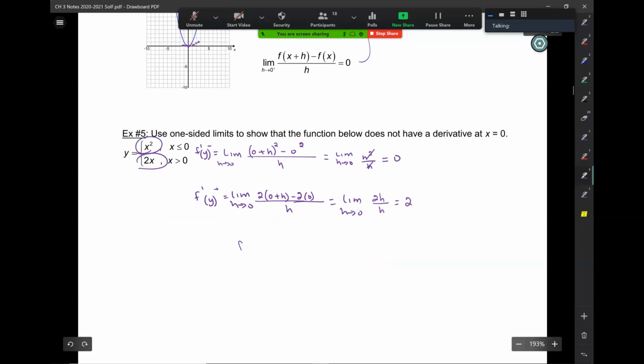Okay, so because the derivative from the left-hand side does not equal the derivative from the right-hand side, therefore the function is not differentiable at x equals 0.